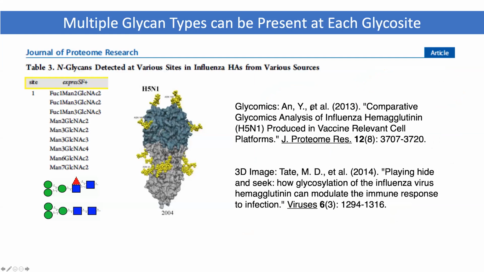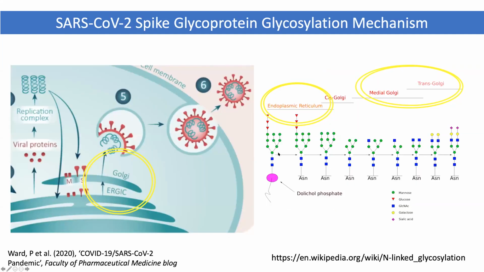In terms of influenza, because there's a large body of data on this and it's been very well characterized, any one site can have many different glycoforms, because if we go back to this, each of these enzyme processes doesn't go to 100% completion. So at this one site, some of the forms are going to have this, some of them will have that, some of them will have this.